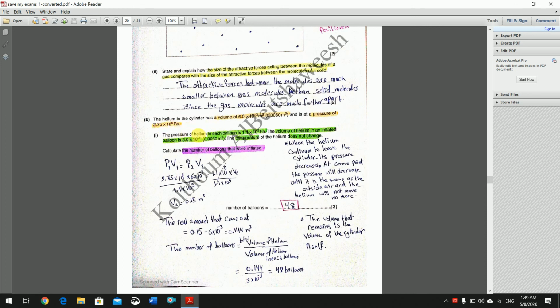Now the pressure of helium in each balloon is 1.1 times 10 to the power of 5 pascals, and the volume of the helium in an inflated balloon is 3 times 10 to the power of -3 meter cubed. This is the amount of helium that we're putting inside this balloon at this pressure. The temperature does not change. Now, how many balloons were inflated?